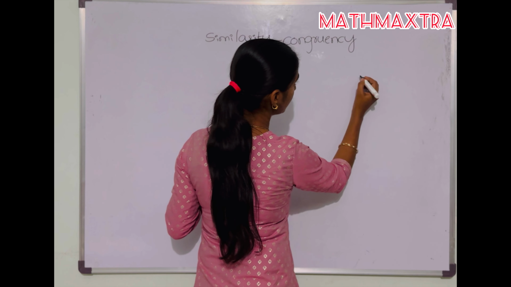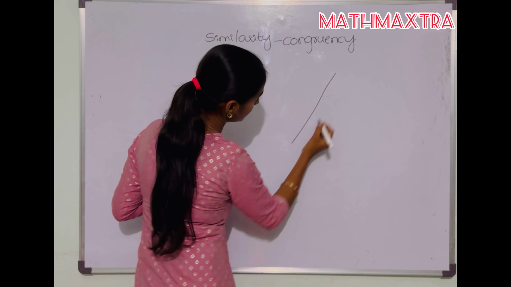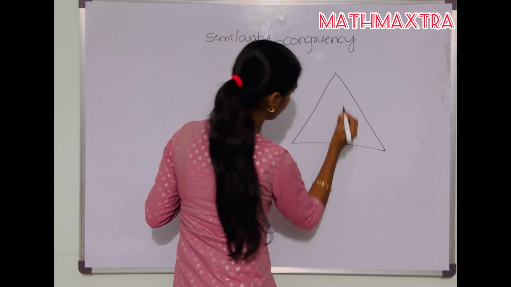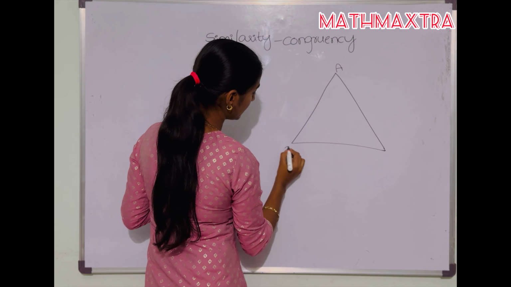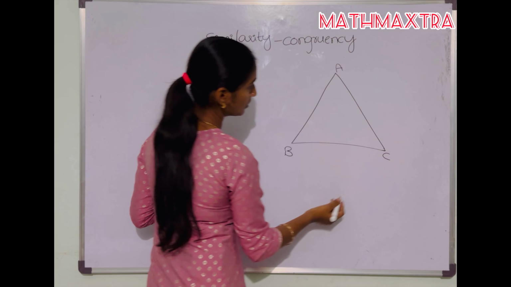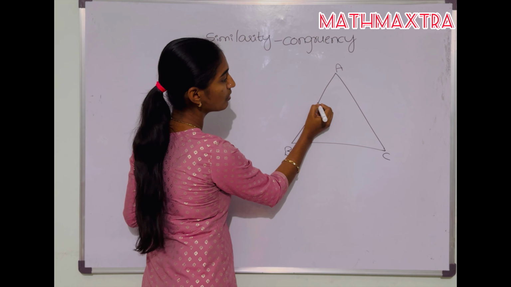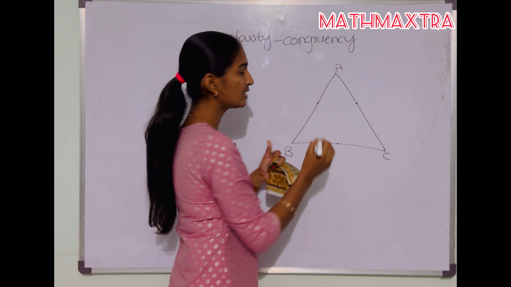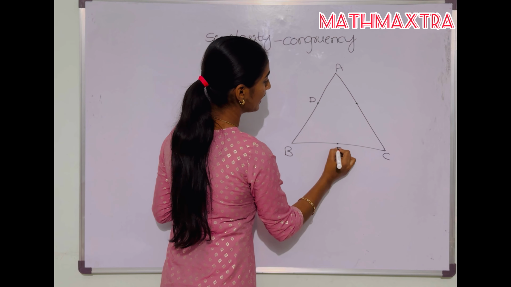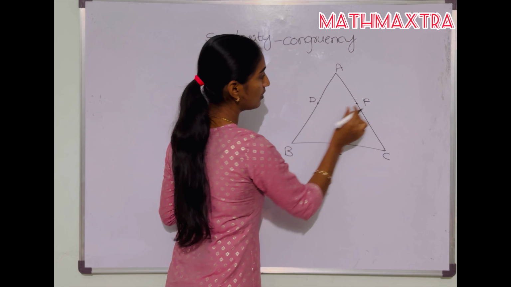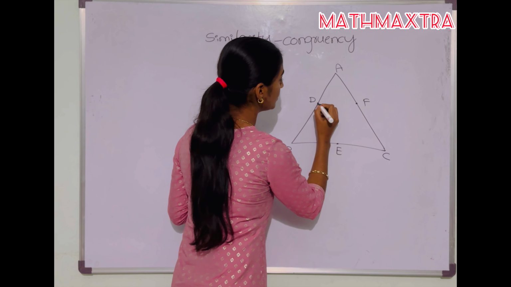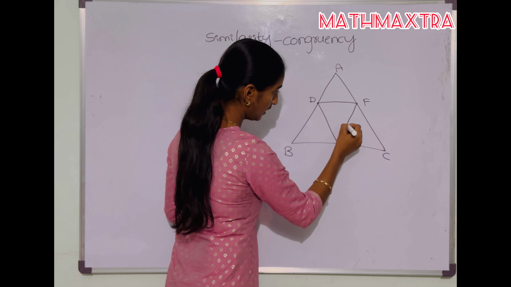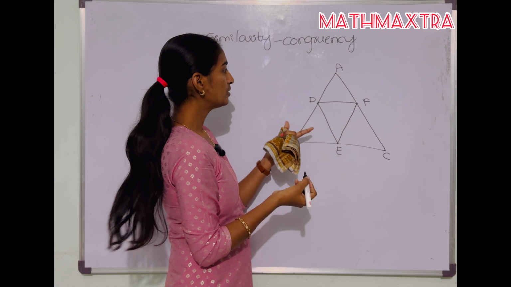You take one triangle. This is triangle ABC. You take the midpoints of all the sides, which are D, E, F. You join DF, DE, and EF.